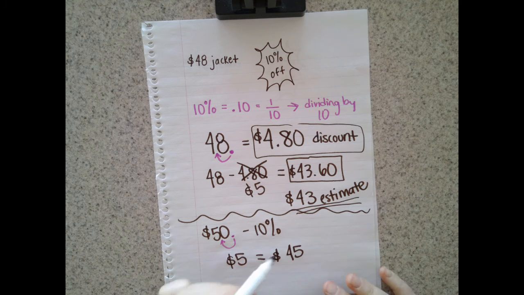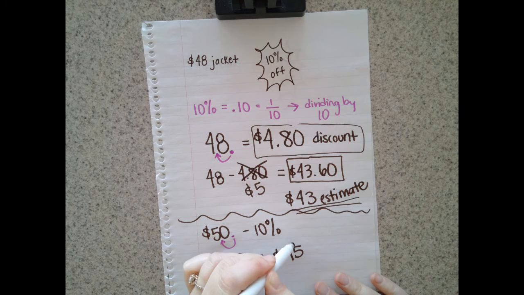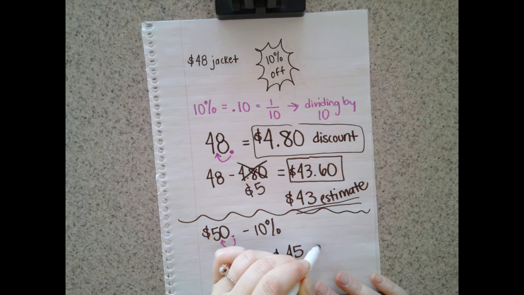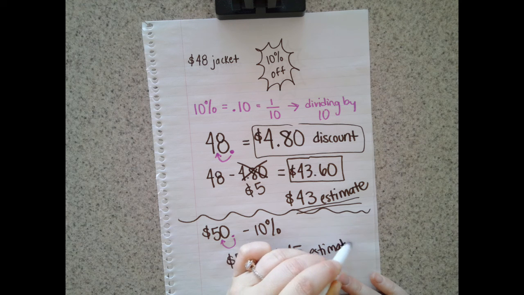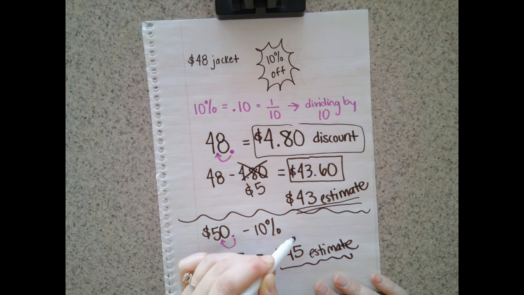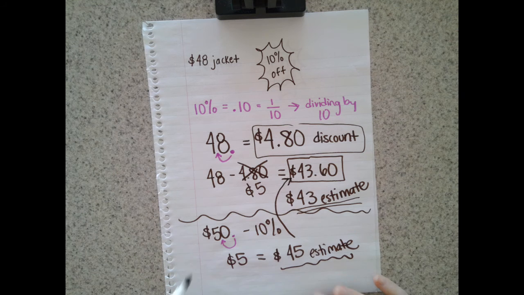Okay, as you can see, our estimate is about $2 off from the actual answer. But again, $2 is not going to make or break your bank. And in the real world, people estimate all the time. Okay, so always remember this 10% rule. You just slide the decimal point one space left.